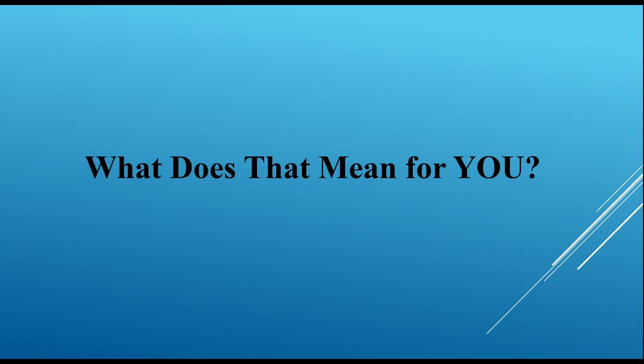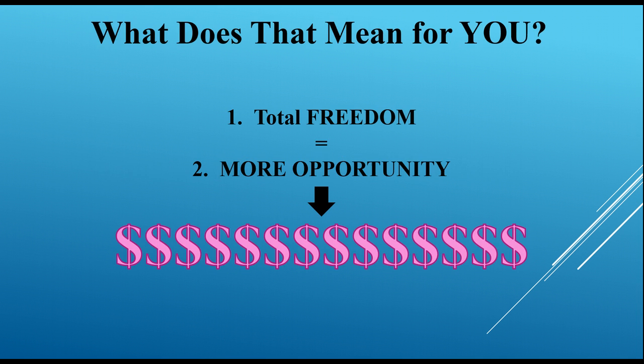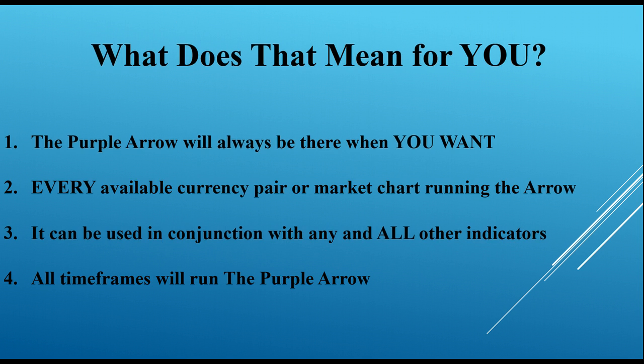So what does that mean for you guys? The two or three main things are that now you have total freedom with the purple arrow as an indicator, which is going to present you with a lot more opportunities to make money. The purple arrow will always be there when you want it, so you won't have to worry about the stream going down or any technical difficulties on our end or your end.